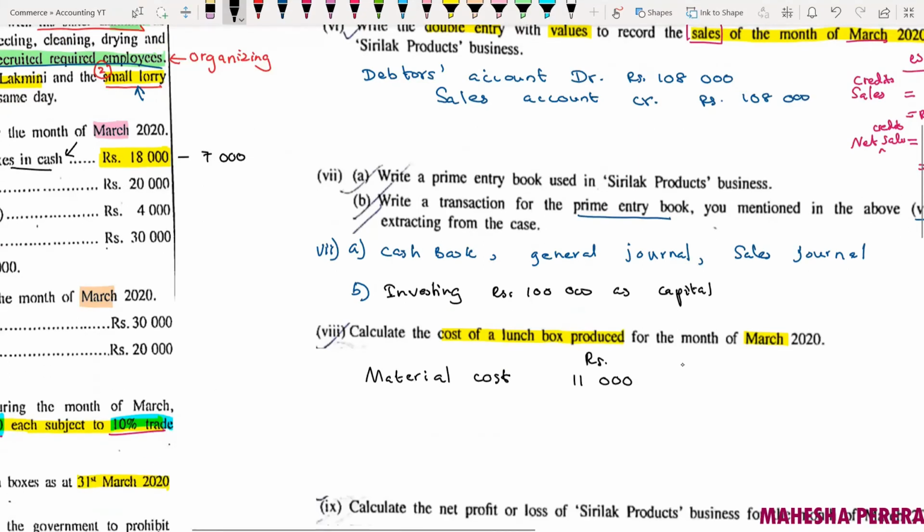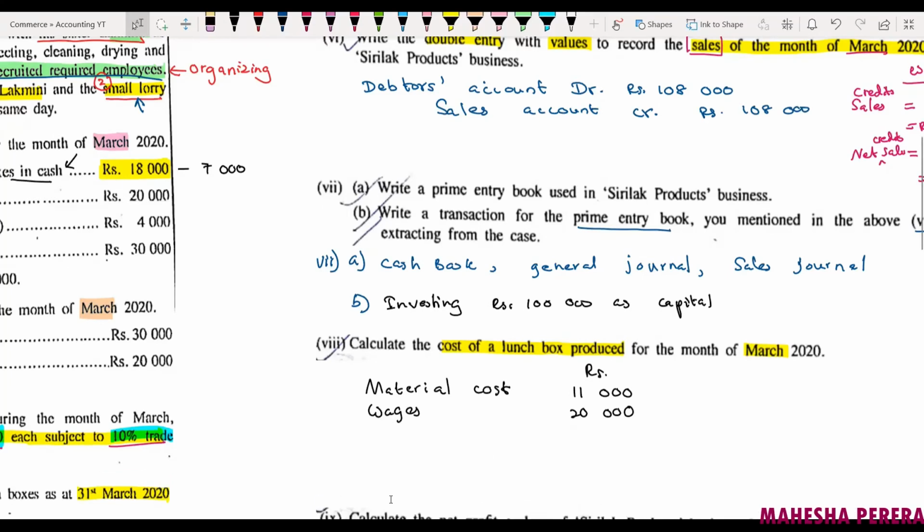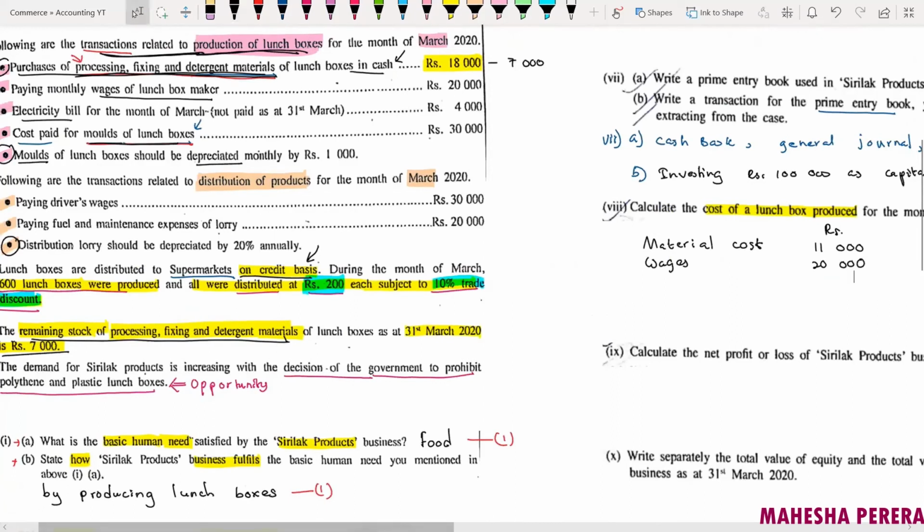Then you have wages, or you can say wages for the lunchbox maker. I'll write here just wages, right? And it's 20,000. Then in the list we have, what do we have? The electricity bill. So let's write electricity charges. Right. Now here, did you notice? We have to read very well, right? The electricity for the month March not paid as at 31st.